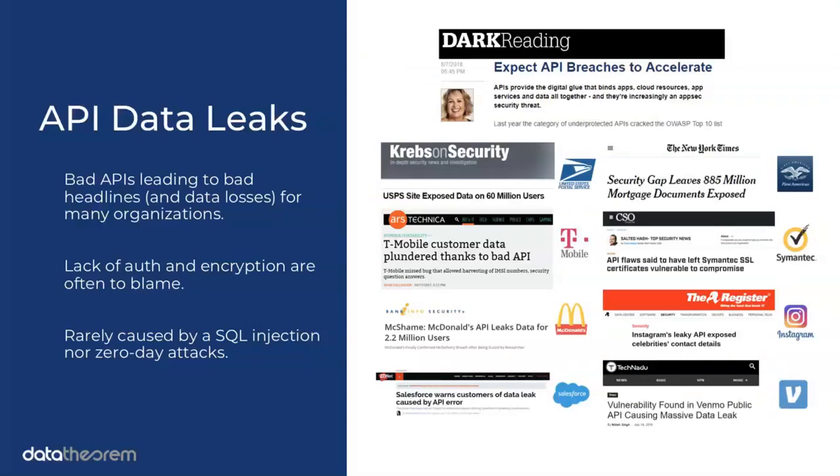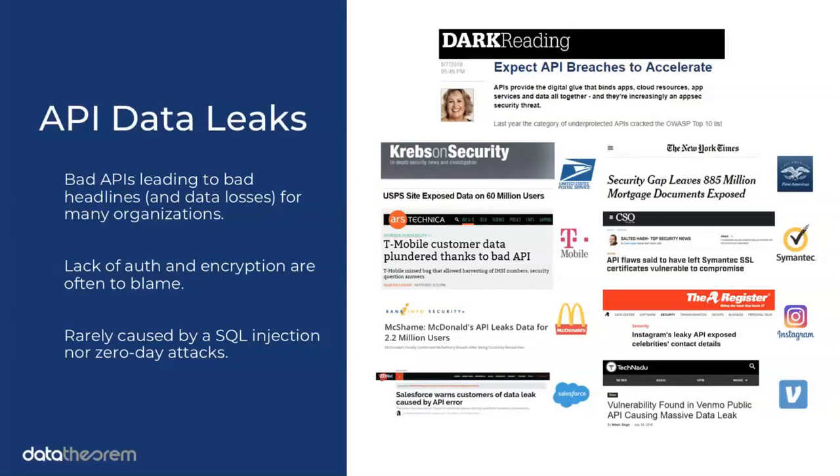And yet, every month there is a new major headline of a data breach. And generally, the watermark that we look for is that if a business or an organization loses over 1 million records, it's almost always an API sitting behind the source of how 1 million+ records were stolen or accessed illegally from the company.